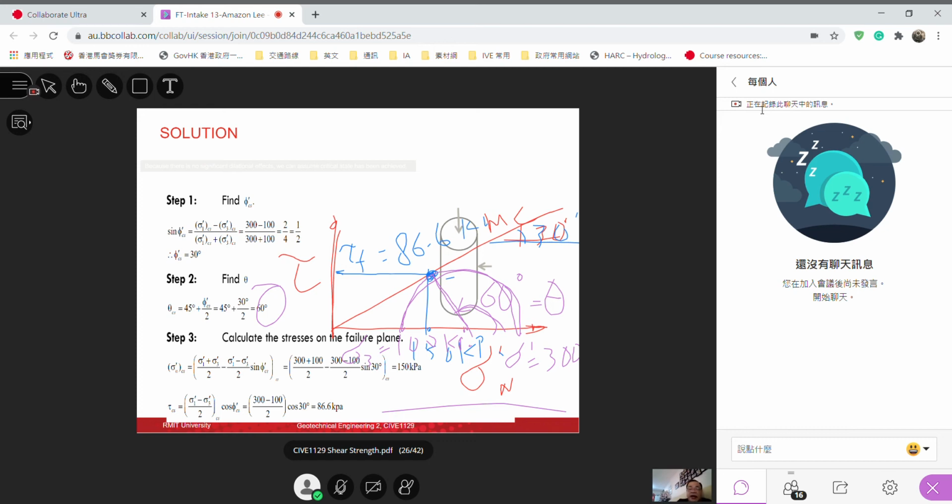In this question it didn't ask, but in your midterm or final exam, sometimes they ask you to plot it like that. Since you have all the values, you can easily just plot it out. Understand? So I just completed this example here.